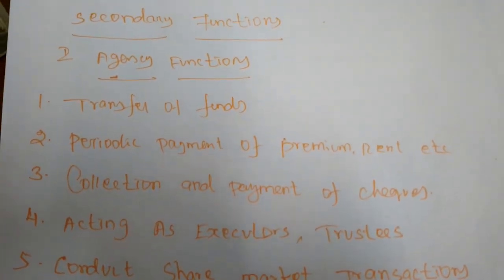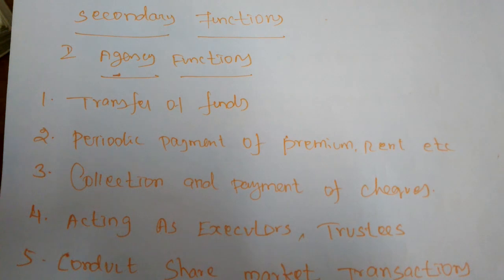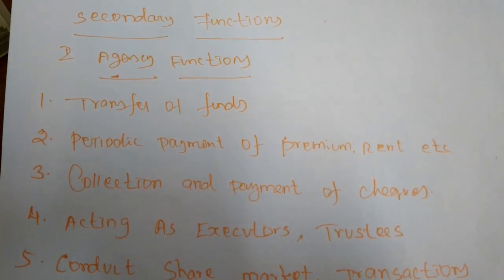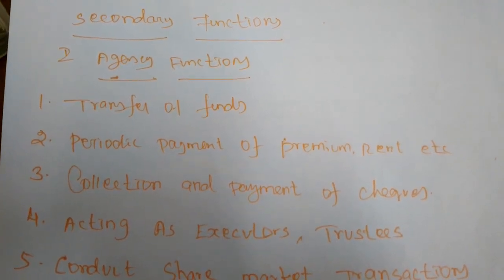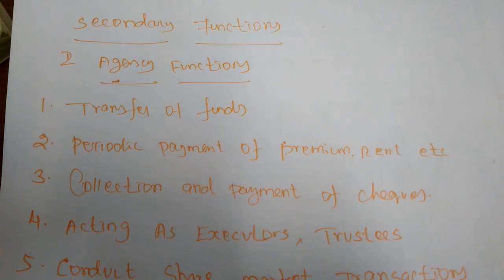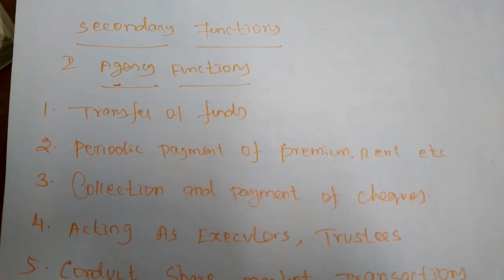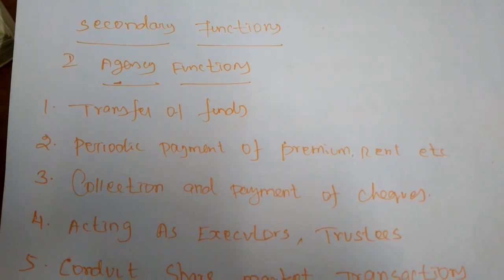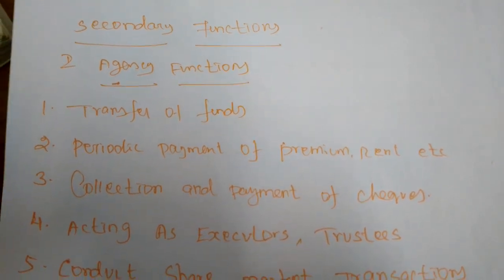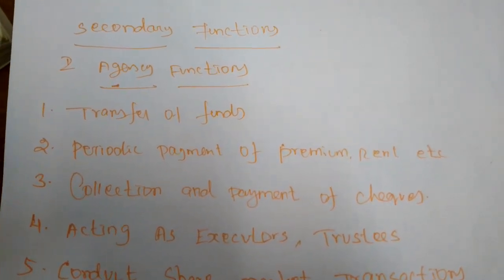After instruction from the customers, banks undertake the monthly payment of insurance premium, rent, telephone bill, etc. from the accounts of customers. Nowadays, these payments are made through the electronic clearing system facility offered by the banks. We will study the electronic clearing systems later.